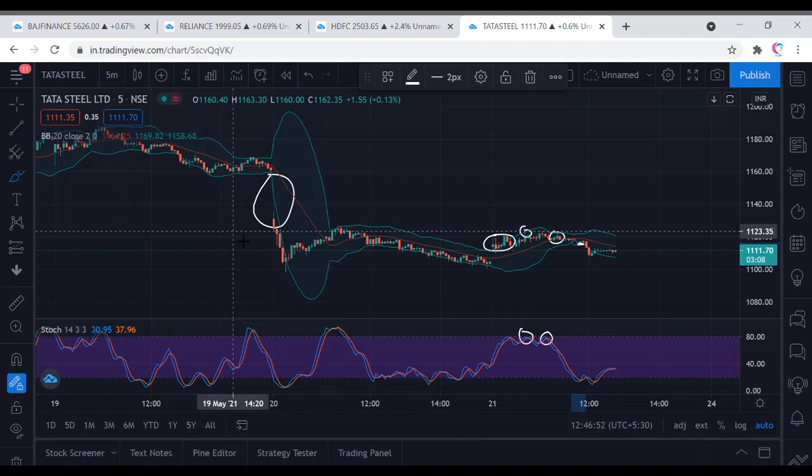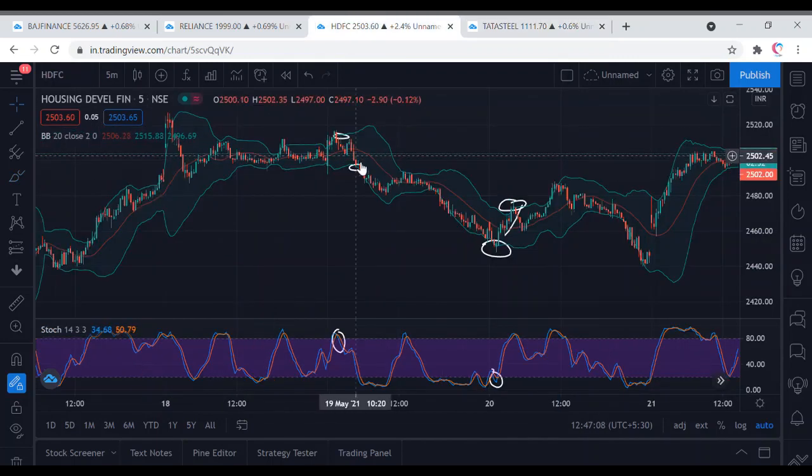What I'll suggest is take the profits also according to your risk reward ratio. 1:2, 1:3 is enough to take out the profits, and you should look for another trade. And if you want to continue that trade, if you want to use that opportunity to get more profit, keep trailing your stop losses. And if you are following this setup with good discipline, you will definitely earn money.